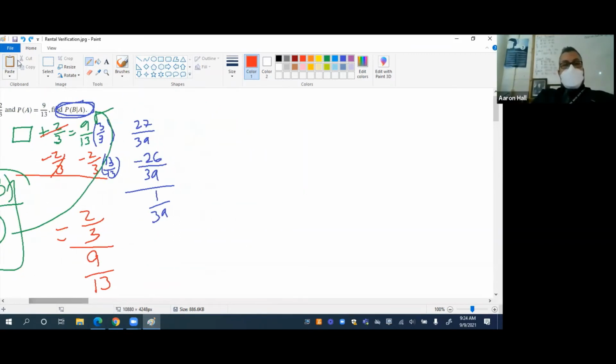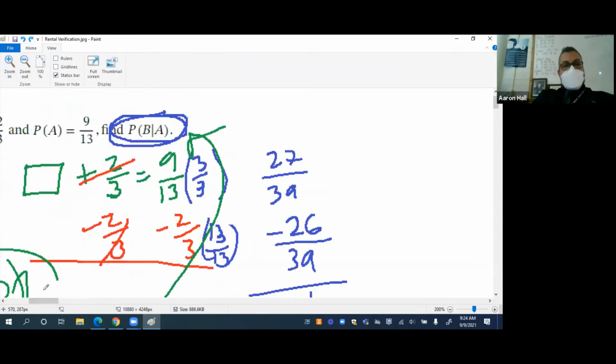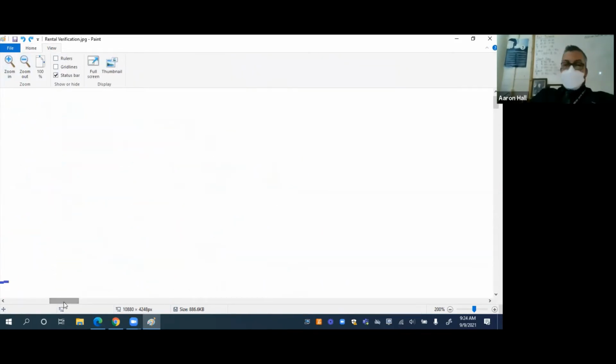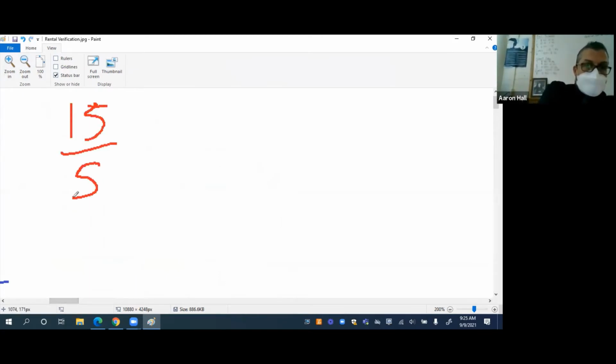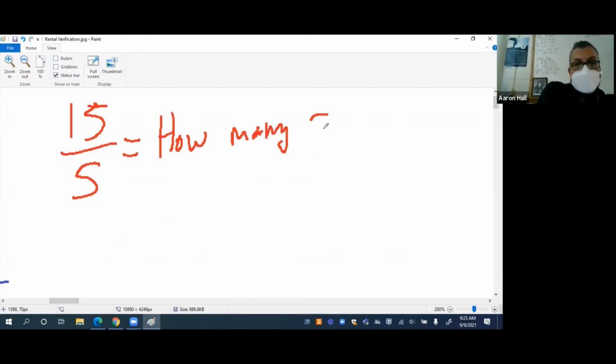This is super important. If I have 15 divided by 5, what that means is how many 5s are in 15?